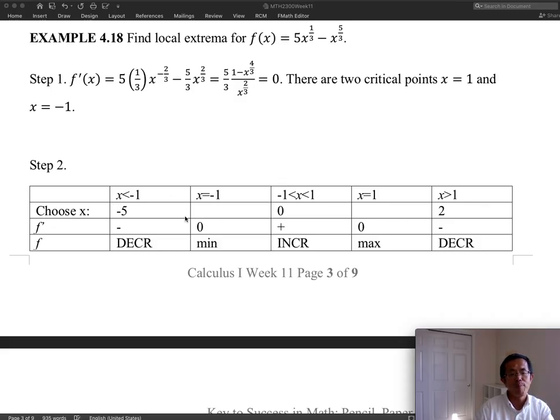When you have a table created in this fashion, you want to choose an x value for each inequality. There are three inequalities. For x less than -1, you could choose -2, -3, or -4.12, those kinds of things. It's really up to you. Just to show the randomness here, I'm simply choosing x as -5.